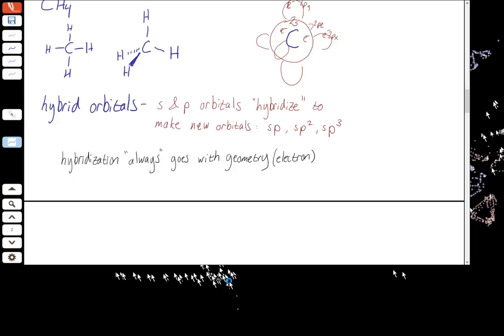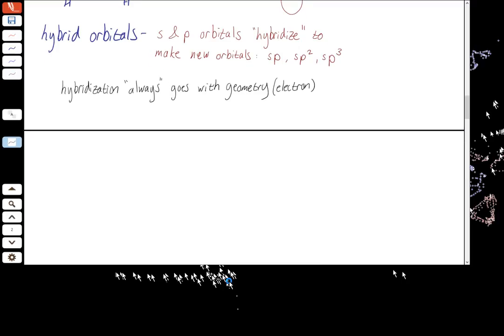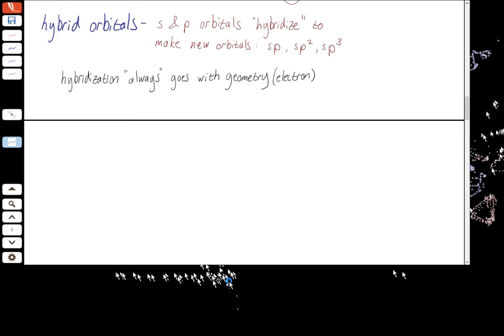So what do I mean by that? I mean that the number of hybrid orbitals is always going to correspond to the number of different bonds or groups that you need. So if you have 4 electron groups, you're going to get sp3 hybridization, which is 4 hybrid sp3 orbitals.